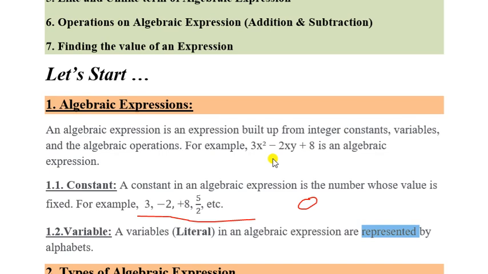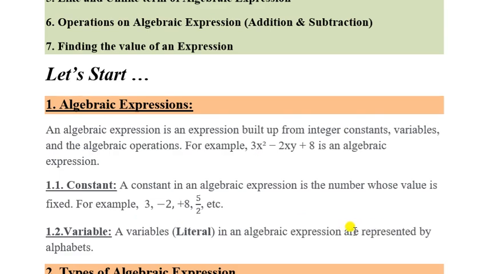See, from this equation we can say x and y are variables, because we know 3, minus 2, 8 are all constants. That means x and y are variables. In general, variables are represented by alphabets A to Z. Any alphabet you can consider as a variable. Remember that. And a variable is not fixed. It can change.